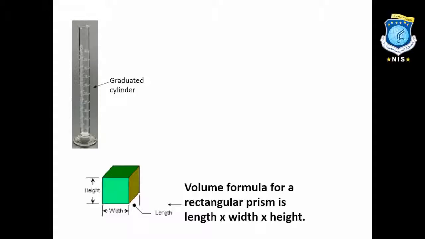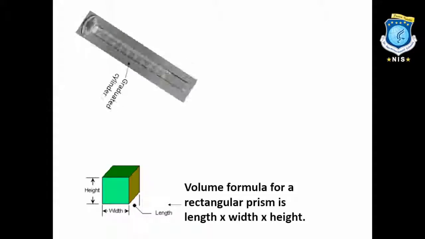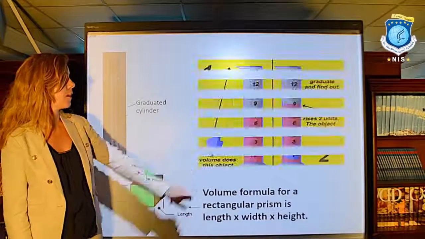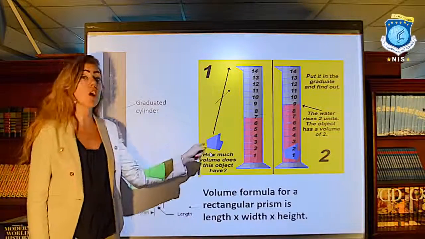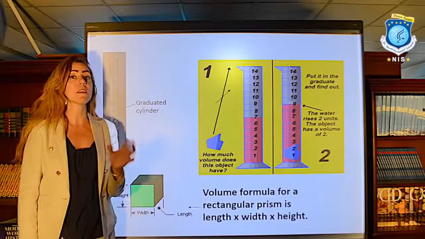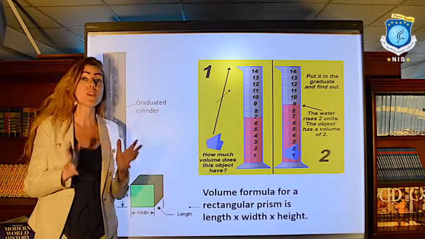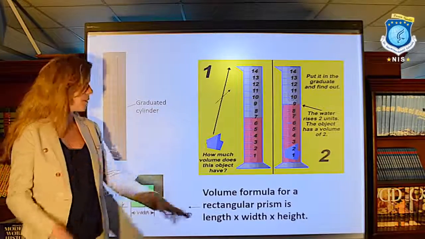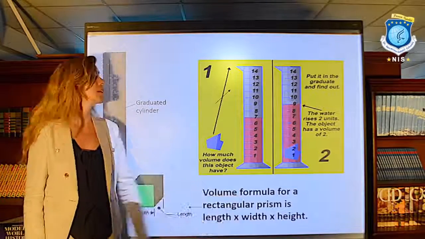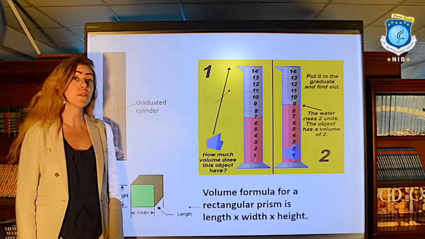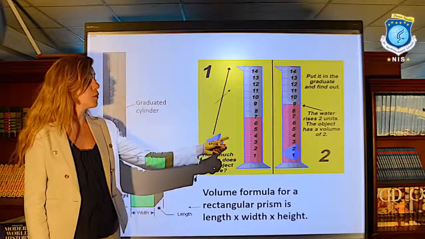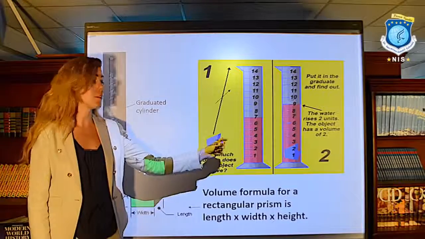So if you have a rectangular prism, you can easily measure the volume by using this formula. But if you have a rock or any object that is irregular, it doesn't have a perfect shape, you can't determine the length, the width, the height. So you will have to measure the volume by using a graduated cylinder.